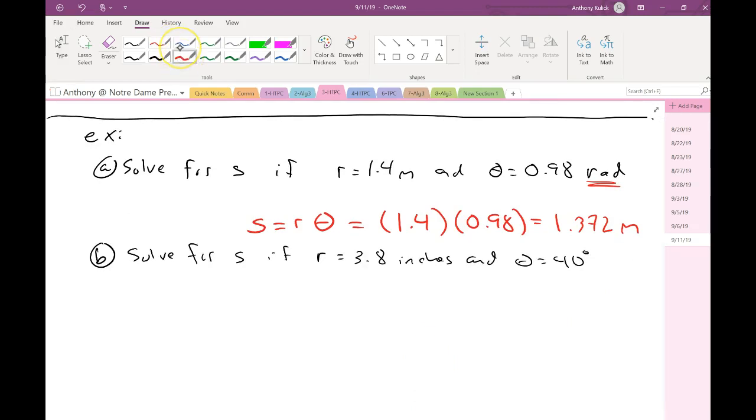What if we're asked to solve for S if r is 3.8 inches and theta is 40 degrees? We're going to use the second formula. Good. Because our angle measure here is in degrees.